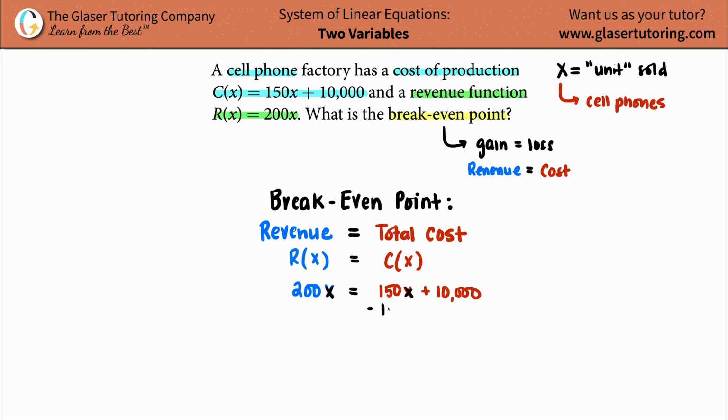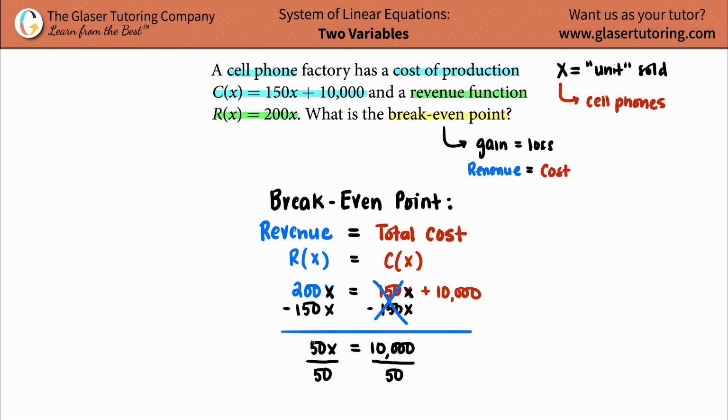Let's subtract 150x on both sides to get the x's on one side. So this goes bye-bye. We have 200 minus 150, which is 50. 50x equals 10,000. I'm just going to double check that. Yep, 10,000. And I'm going to divide by 50 on both sides.